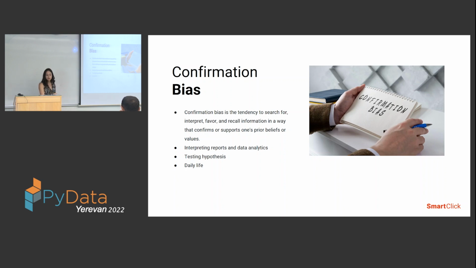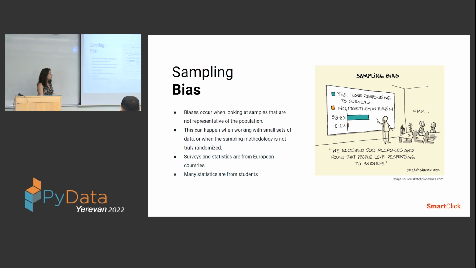A sampling bias, I have a funny cartoon for it. The cartoon says that they have asked people if they liked answering surveys or not. And a lot of people have said, yes, I love answering surveys. What they're not seeing here is the people who don't like answering surveys, so they don't answer surveys.